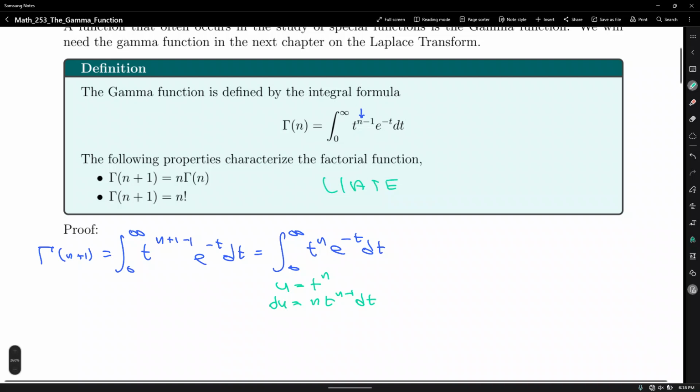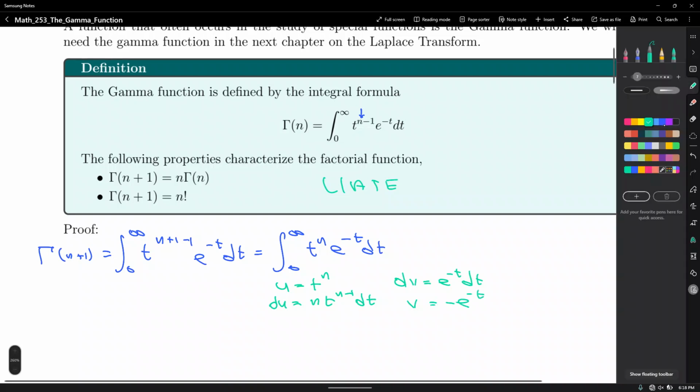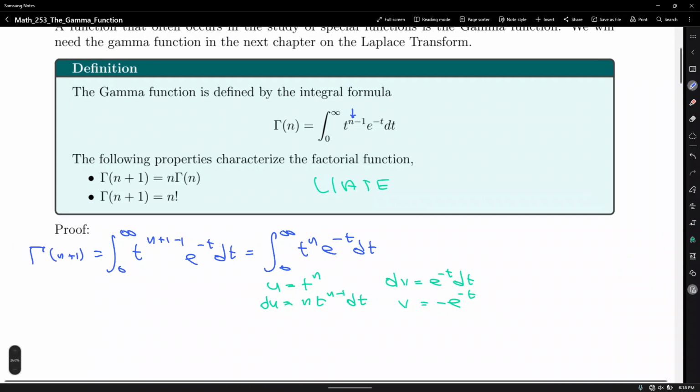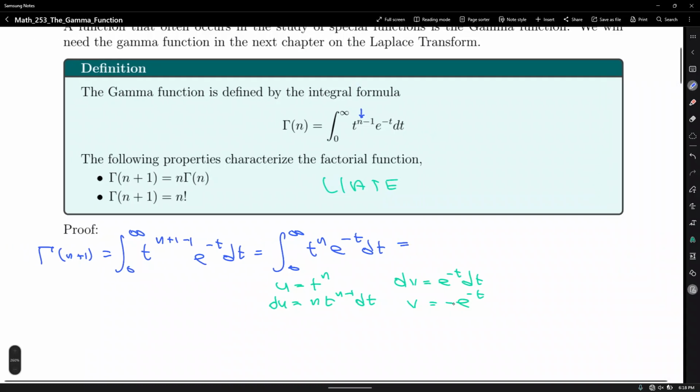And that means dv equals e to the negative t dt, where v would be negative e to the negative t. So the integral of u dv will be u times v minus the integral of v du. That's the formula for integration by parts.